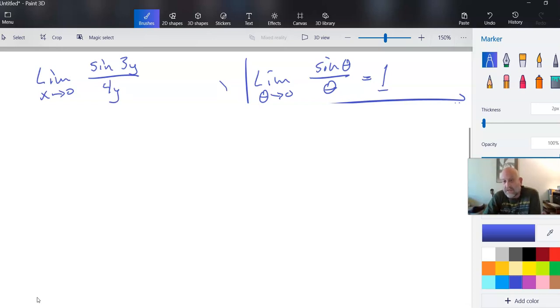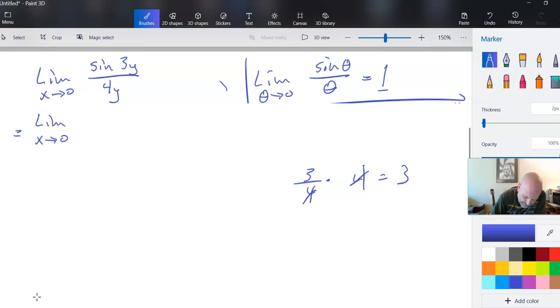So what we need to do is figure something out so that we can make the denominator a 3y. If I just think about it a little bit, if I take 4 and I multiply it by 3/4, the 4's cancel and it makes it a 3. And I can multiply it by that as long as I multiply the numerator by the same number. So I'm going to do this.